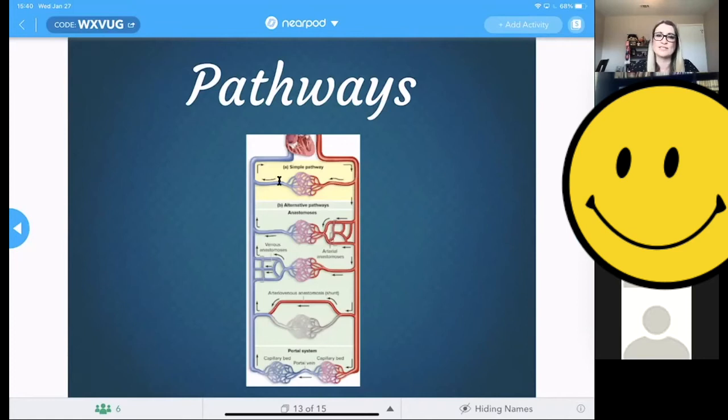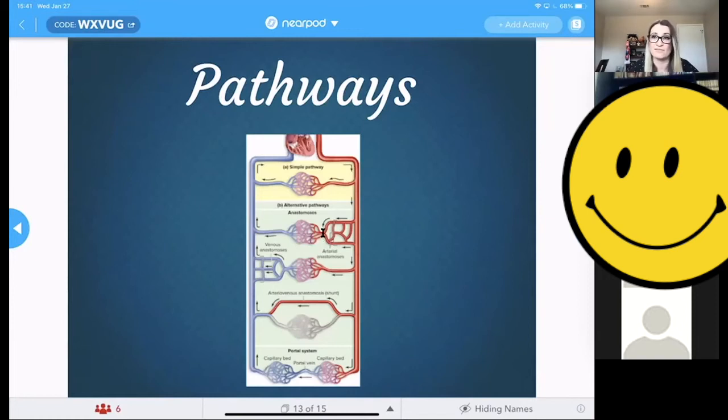Anastomosis means connection between blood vessels. We can talk about arterial anastomosis, where several arteries supply the same region or an organ. The superior and inferior epigastric arteries are an example of arterial anastomosis, or the circle of Willis in the brain.